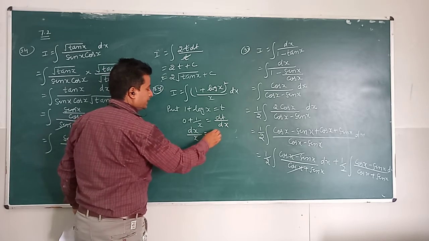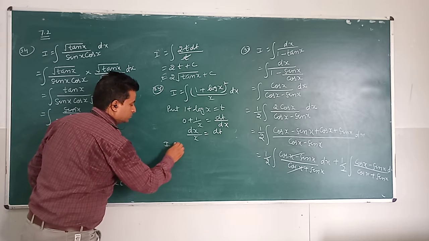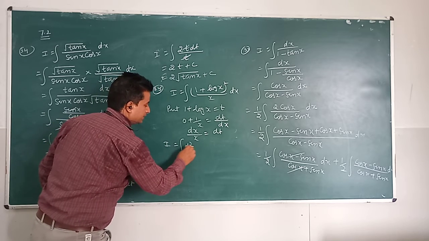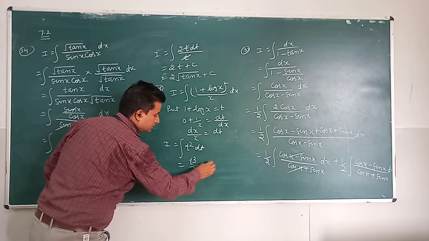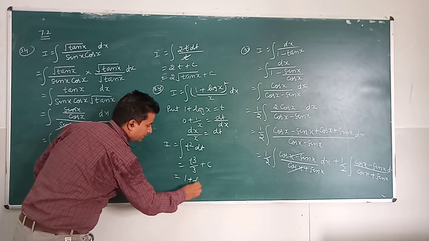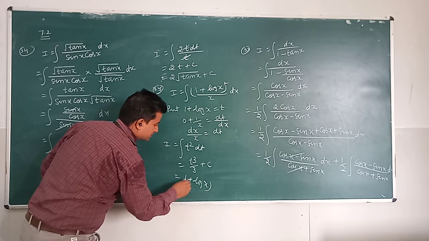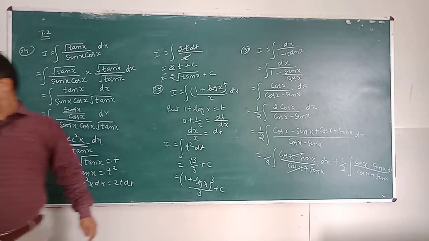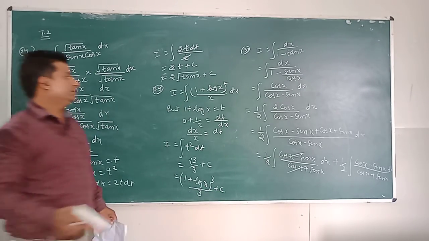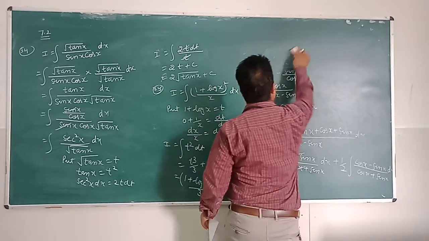So dx by x is dt. So integration of this is t square into dt. This is t cube upon 3 plus c. Value of t is (1 plus log x) whole cube divided by 3. This is the answer of question number 35.